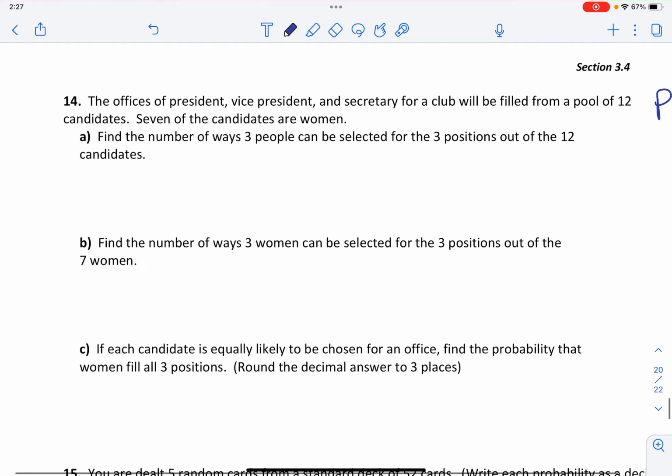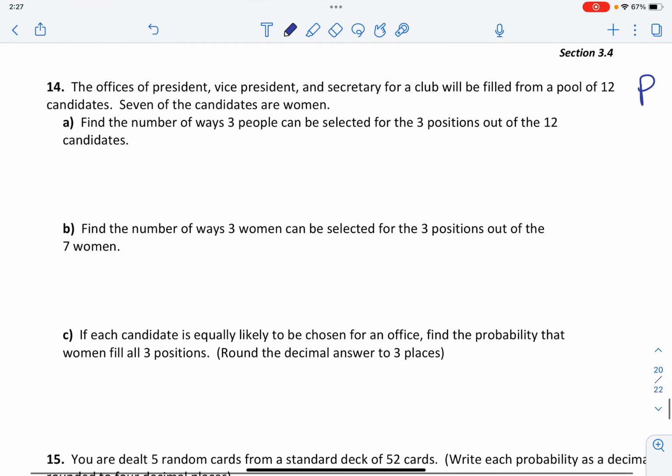Okay, how about this one? I already put a P there to remind myself. This one, president, vice president, and secretary. Yep, permutation, because they're talking about cabinet members or order positions, that kind of thing. We have 12 candidates, 7 are women. We're choosing 3.